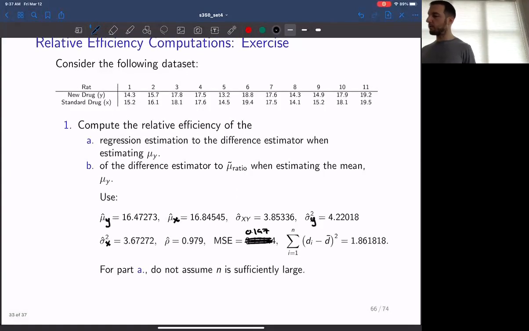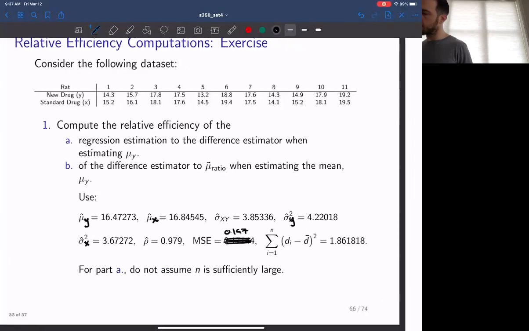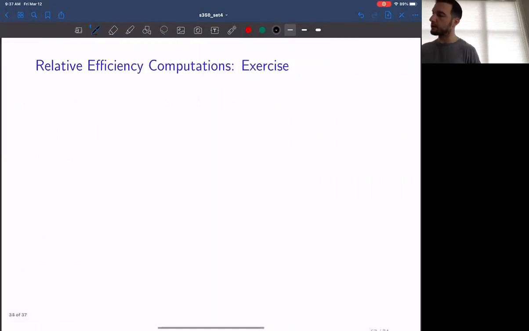All right, so to work through these approaches, I prefer to take the direct approach. So in part A, we want to do regression to difference estimation.